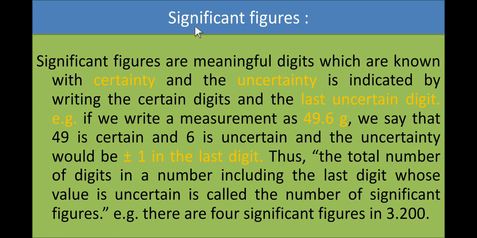Now we see significant figures. Significant figures are meaningful digits which are known with certainty, and the uncertainty is indicated by writing the certain digits and the last uncertain digit. Significant figures have certain digits and an uncertain digit also.